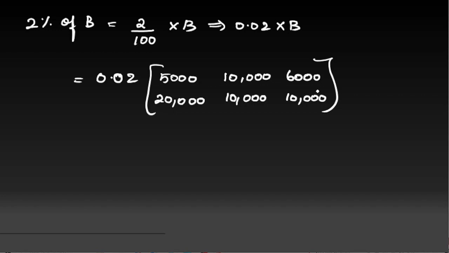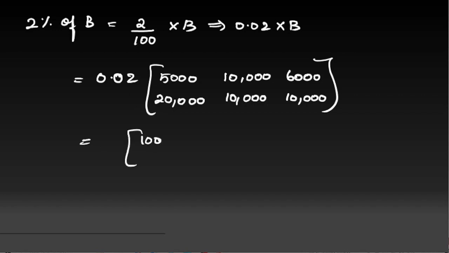So when you multiply with 0.02, what will you get? Listen here. If you're not doing it by 0.02, you can also do it by 2 by 100. So with 2 by 100, these two zeros will be cancelled, and 50 into 2, 5 twos are 10, that is 100. Like that also you can do, you get the answer.